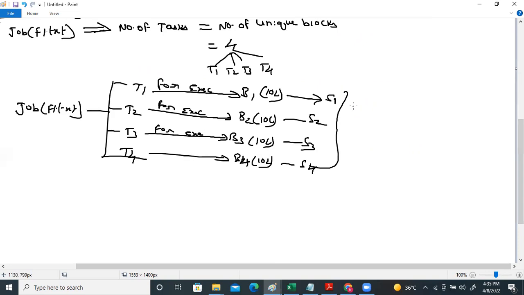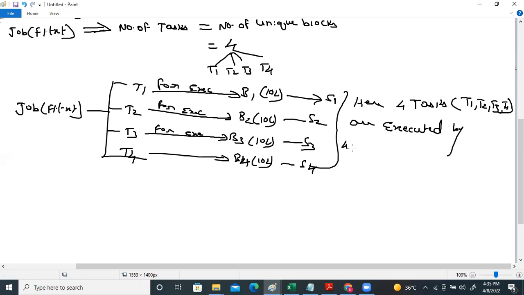So T1, T2, T3, T4 are executed by four slaves, S1, S2, S3, S4, parallelly.